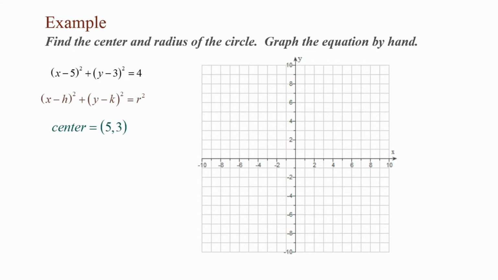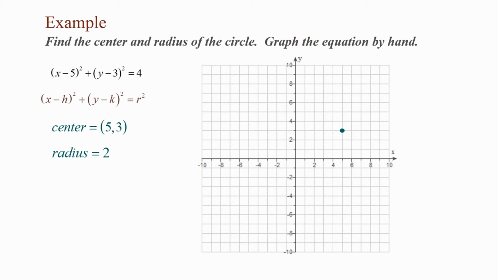Since it's equal to 4, that means that r squared equals 4, which means r equals 2. To graph the circle, I want to start by plotting the center, which is at (5, 3). Now I'm ready to plot my 4 points to help me draw my circle. The radius is 2.